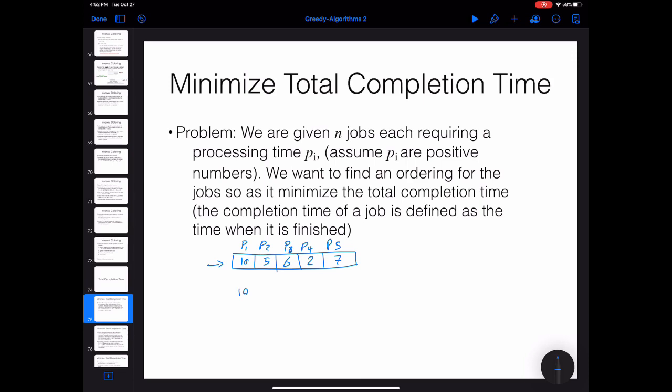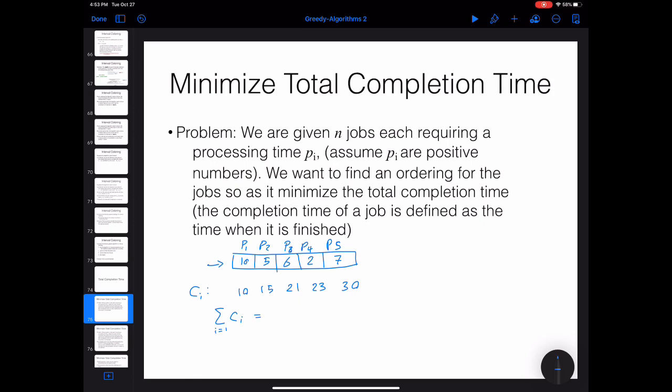Then what is going to be the completion time for P2? You have to wait for P1 to be done, then you can do P2. So it's going to be 15, right? And the completion time of P3 is going to be, you have to wait for P2 to be done, then you can do P3. This is going to be 21, 23 for P4, and 30 for P5. So the total completion time is going to be the summation of completion times for all the jobs, right?